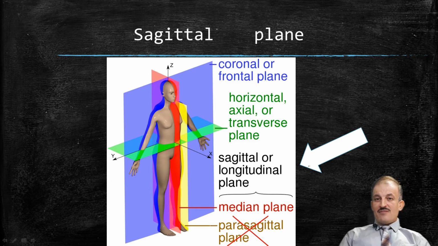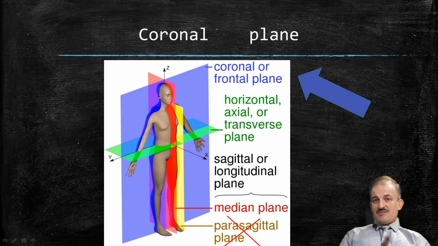Why? Because we have only one plane that divides the human body into symmetrical halves, but we have an infinite or several number of sagittal planes. The green one is the transverse plane, and the blue one is the coronal plane.